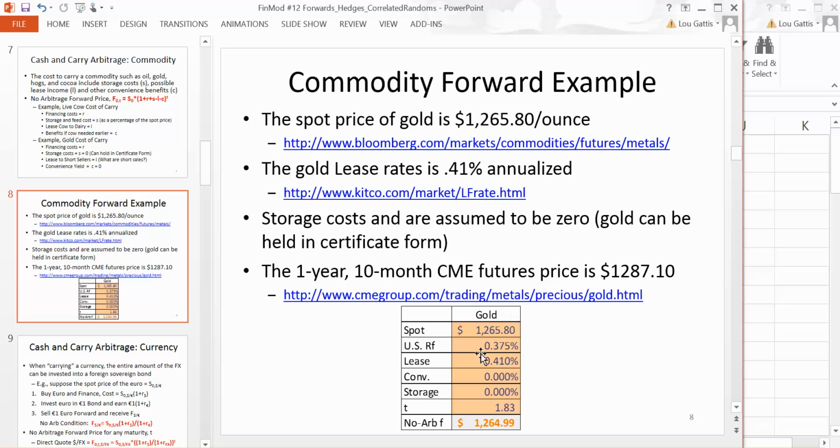The U.S. Treasury rate for 2-year deliveries was 37.5 basis points. So my no arbitrage forward price is $12.65 times 1 plus the U.S. interest rate for 1.8 years, minus the annualized lease rate, plus or minus the convenience yield, which was 0, plus the storage cost, which we'll assume was 0, and I got $12.64.